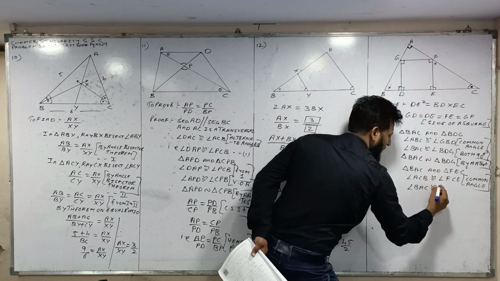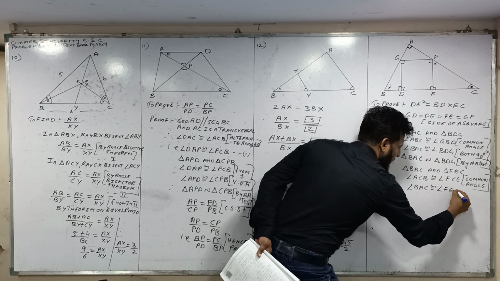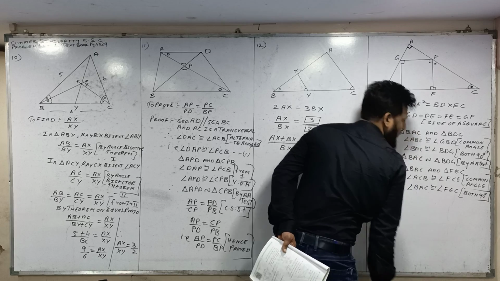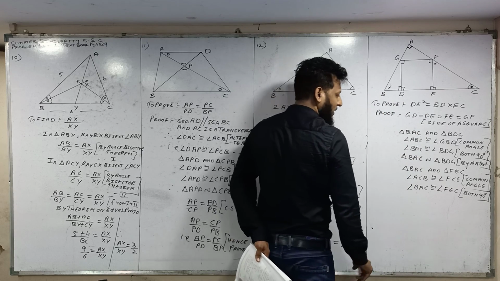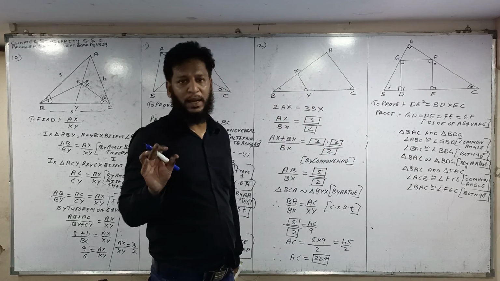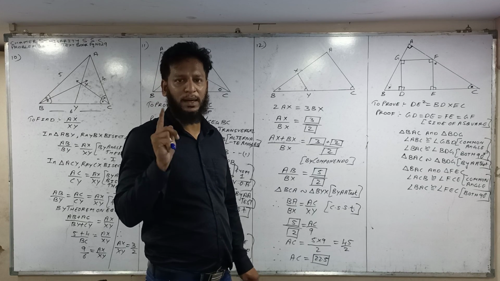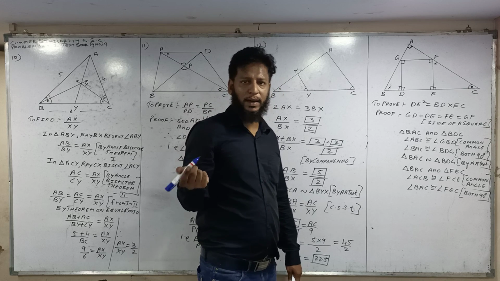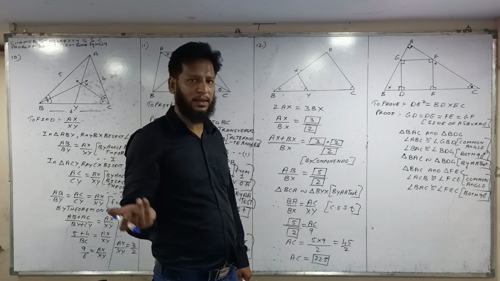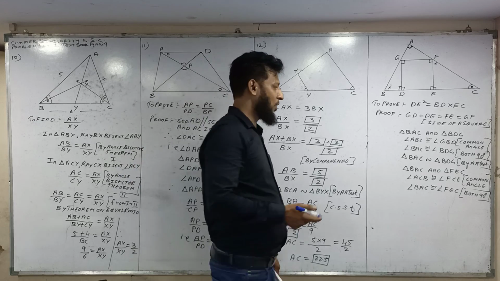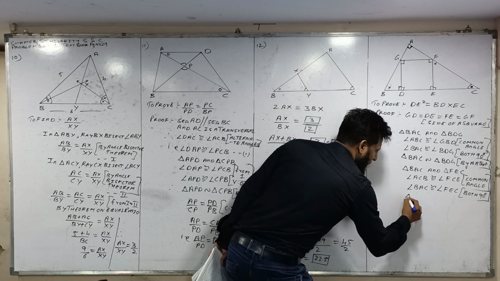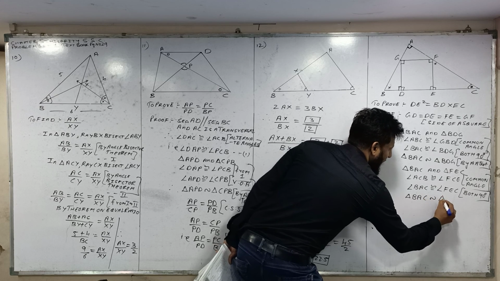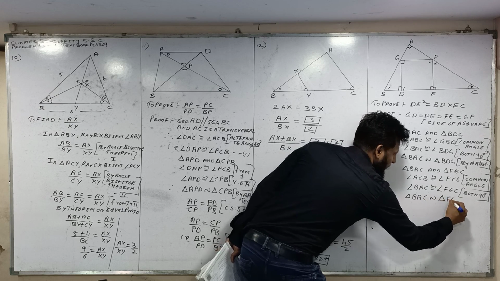So angle FEC is 90 degree, both 90 degree. So two angles are enough. Two angles are enough to prove the third angle; I have put just the sign, but you have to prove by common and 90 degree only, because the common angles are congruent and both are 90 degree, then the angles are congruent. So therefore triangle BAC is similar to triangle FEC by AA test.